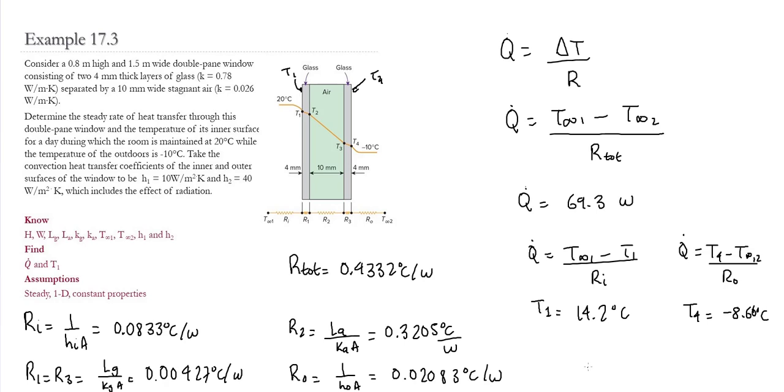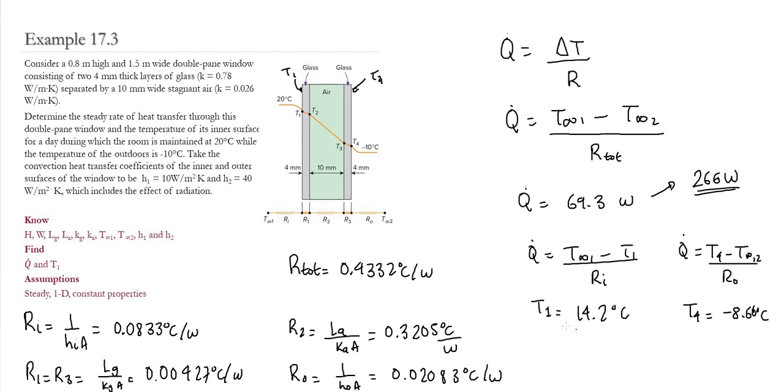So now let's talk a little bit about the results. In the previous example, 17.2, we did the same evaluation but using a single window. Using that single window, we found that the value of Q dot was equal to 266 watts. So notice that having a single window means that you lose a lot more heat from the inside to the outside, which is significantly reduced by using double pane windows.